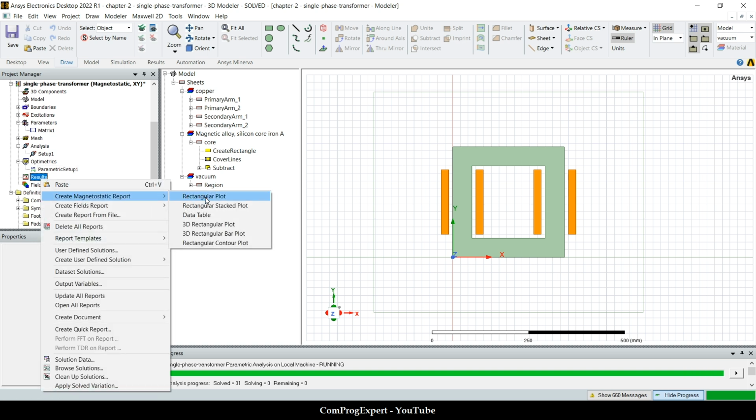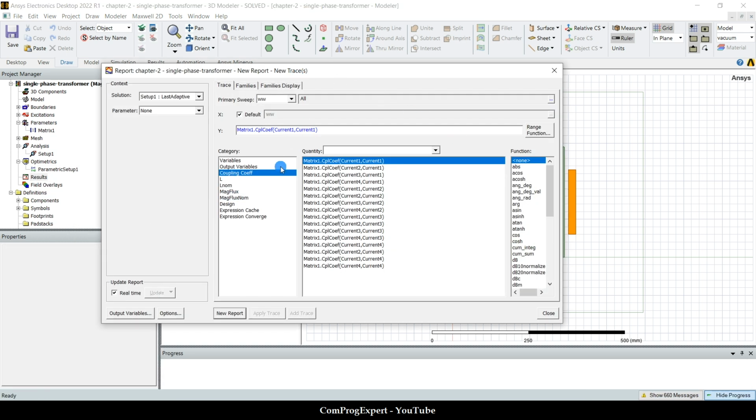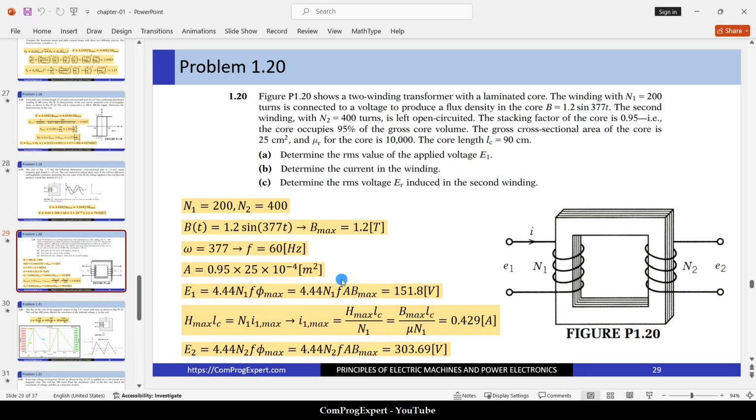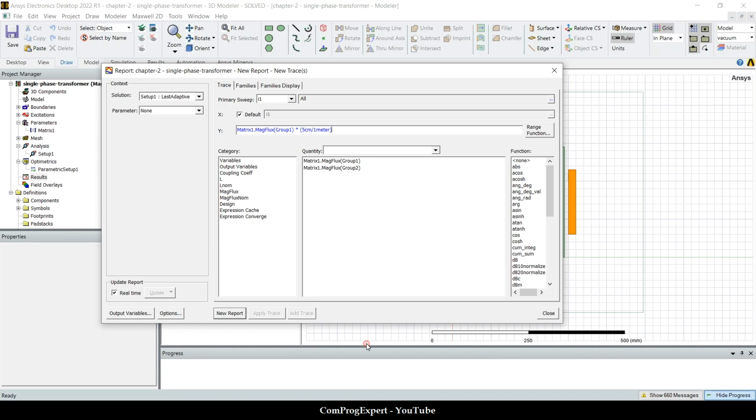So in results, we can plot the value of the magnetic flux of group 1 as a function of its current. We just need to multiply this by the depth. The depth of the problem was 5 centimeters. Yes, you remember the parameters we used for this model.